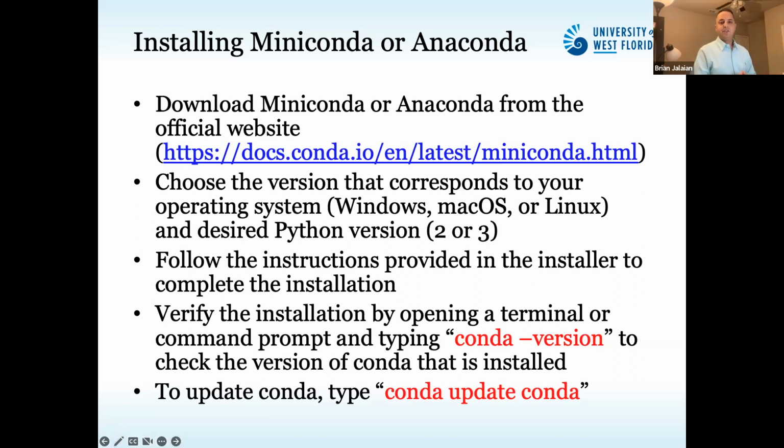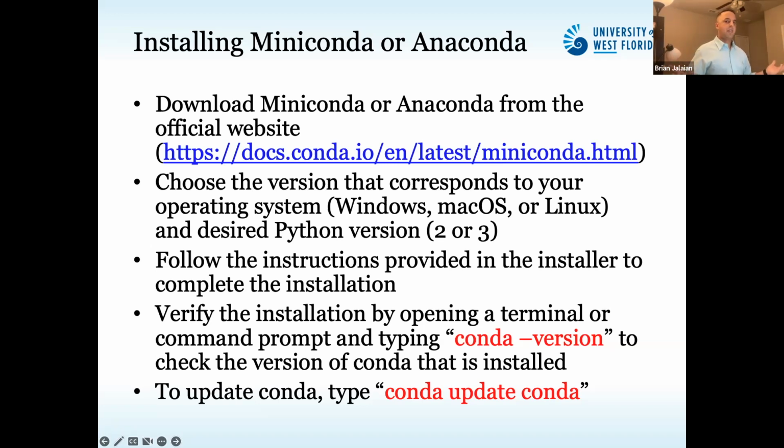As I mentioned, visit the Miniconda or Anaconda website and select the appropriate version for your operating system, and be sure to select the version that corresponds with the version of Python that you're using on your system. Once you have downloaded the installation package, simply follow the prompts to complete the installation process. Both Miniconda and Anaconda support a variety of operating systems, including Windows, Mac OS, and Linux, and you can also choose between Python 2 and Python 3.